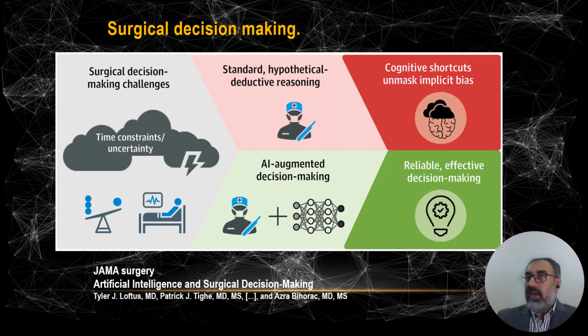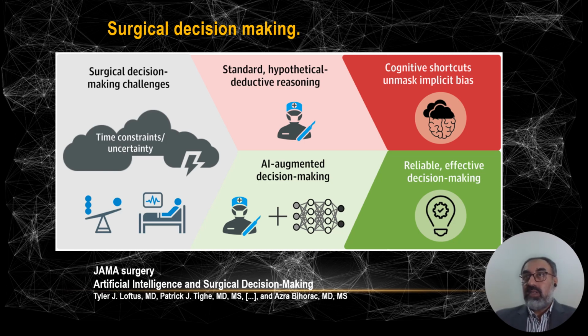Okay, in this slide, I'm comparing two possible solutions. The bottom one is AI enabled, and this is research published in JAMA, Artificial Intelligence and Surgical Decision Making, on how artificial intelligence could assist us in making accurate and quick surgical decisions.